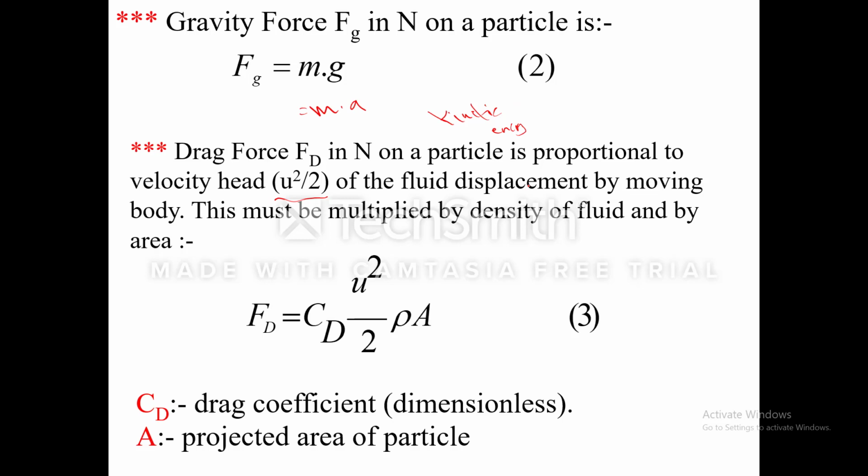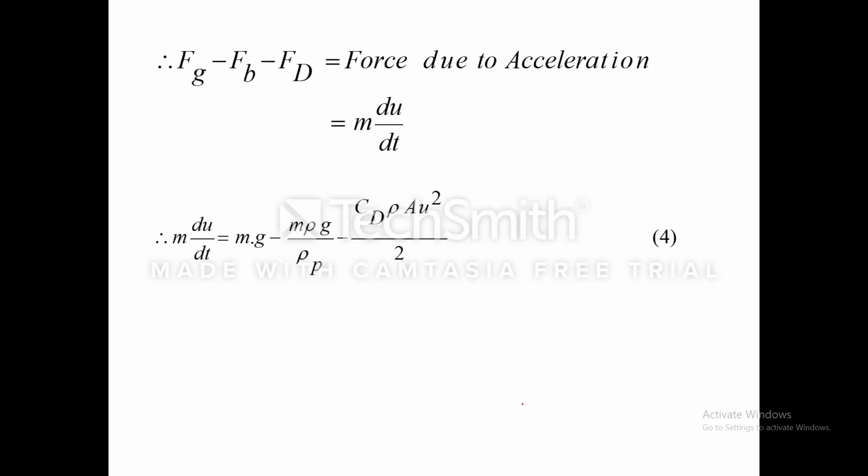This must be multiplied by the density of the fluid and by the area. So Fd equals Cd u squared over 2 rho multiplied by area. And Cd is the drag coefficient, dimensionless. A is the projected area of the particle. What do we mean by projected area? The area in the direction of flow.